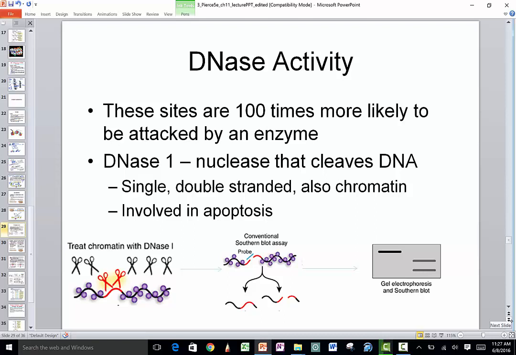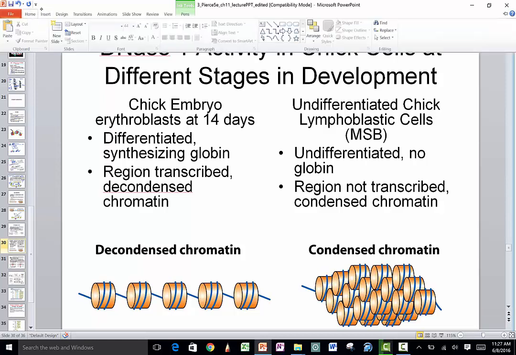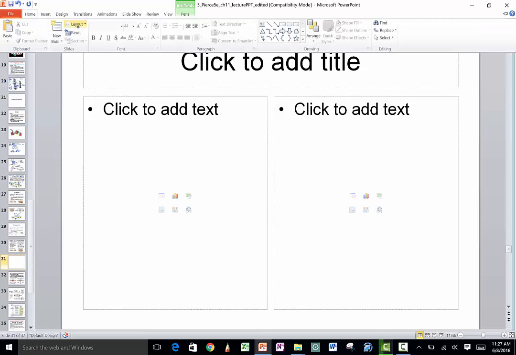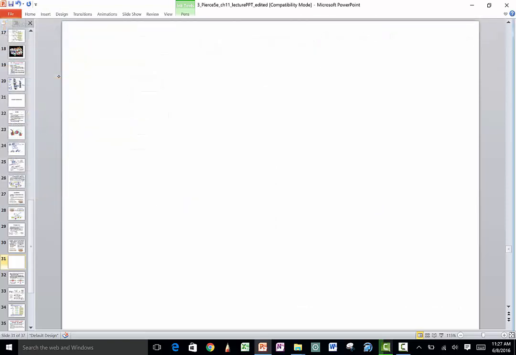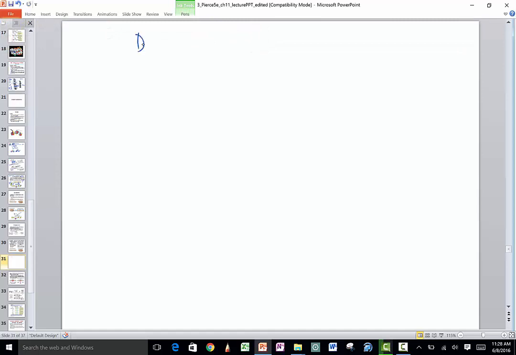Alright, so how do we do this experiment? The idea is we isolate chromatin. We're doing a DNase hypersensitivity experiment.